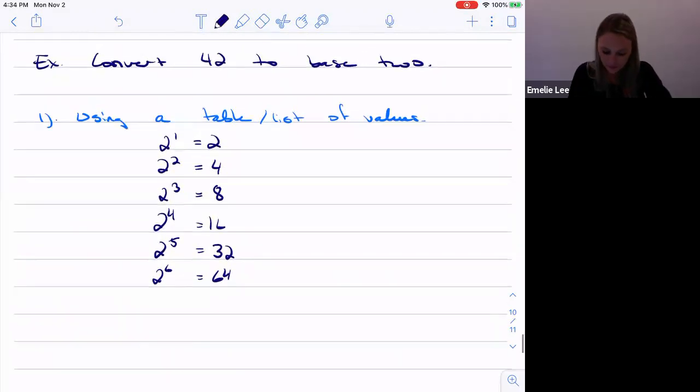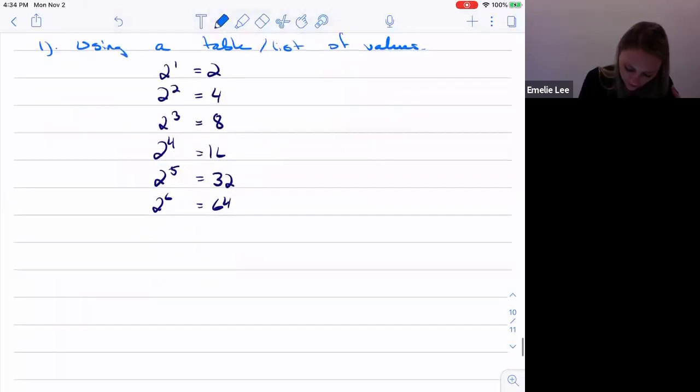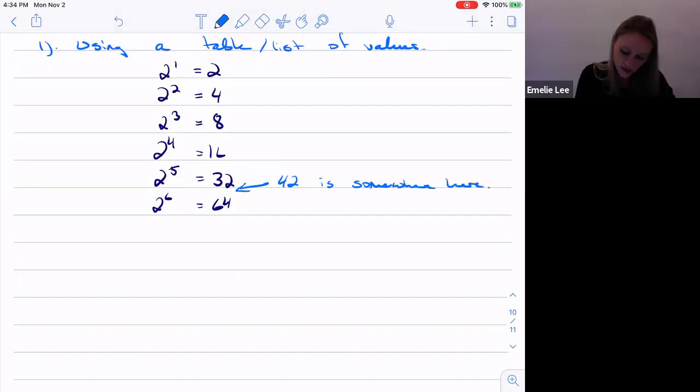So 42 is somewhere here, somewhere between 2 to the power of 5 and 2 to the power of 6.